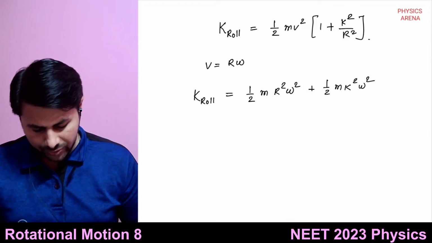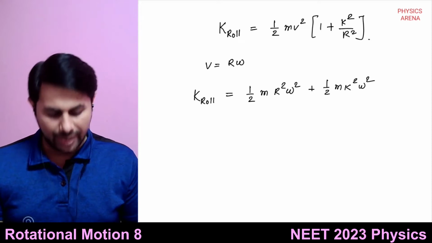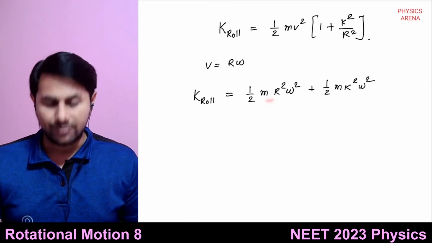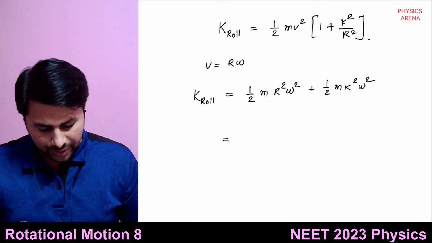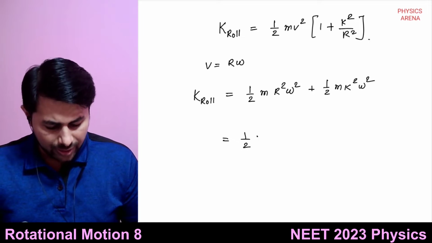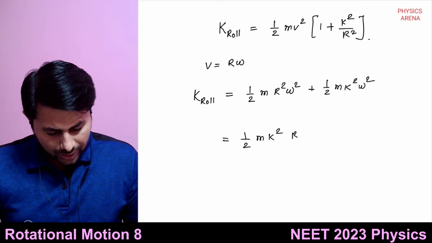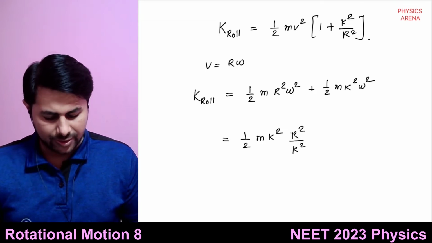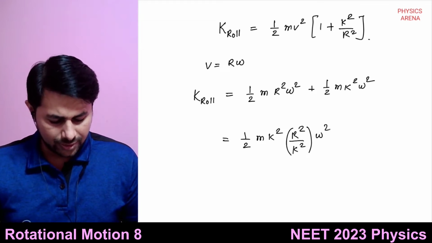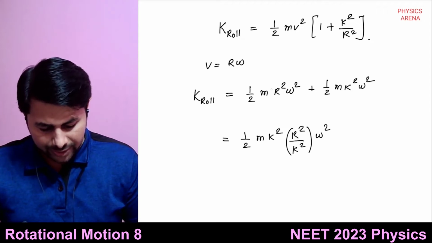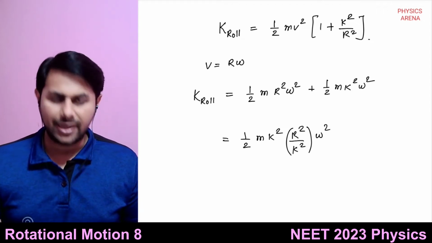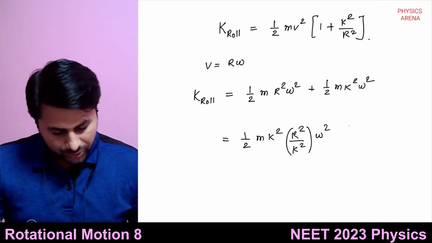Then what we can do is multiply and divide by k square in the first term. If I do that, I get half of m multiplied by k square, r square upon k square, right? I just multiplied and divided by k square.